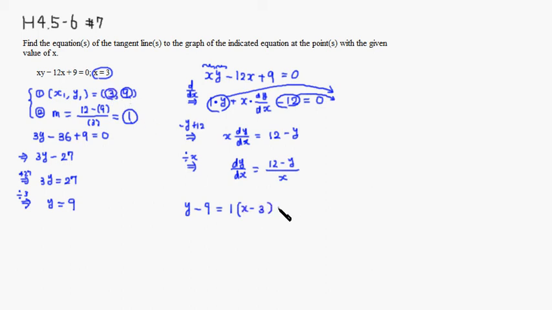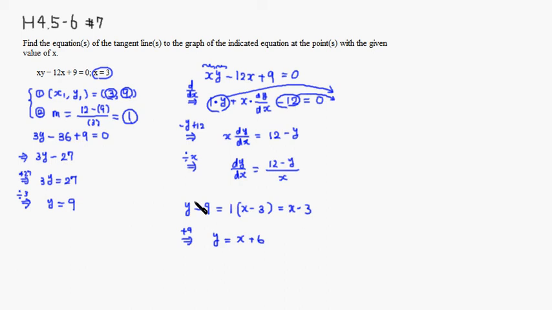Which is just x minus 3, because multiplying by 1 doesn't really do much. Then we can add 9 so that we can write it in slope-intercept form. So it's going to be x, and negative 3 plus 9 is plus 6.